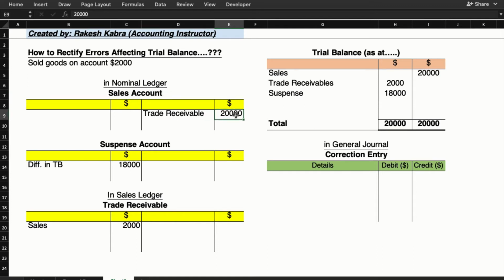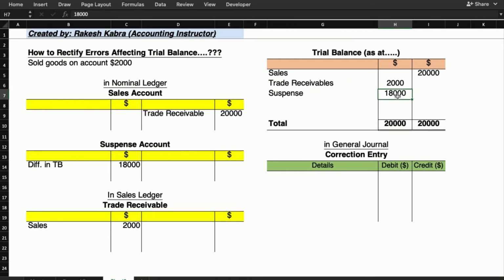The correct balance is $2,000, but it is showing credit balance $20,000. So we need to pass a correction entry in such a manner that the sales account starts showing the correct balance. And the moment we rectify this error, the suspense account should show zero balance. Right now the suspense account is showing a debit balance of $18,000.